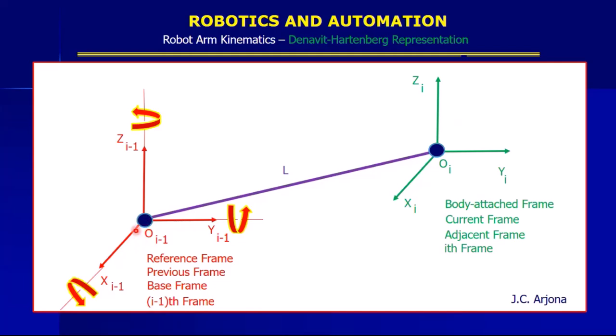So this is our origin 0, and this is our origin 1. Okay. So for this coordinate, we have x0, y0, and z0. And for this one we have x1, y1, and z1. This is the one link representation.